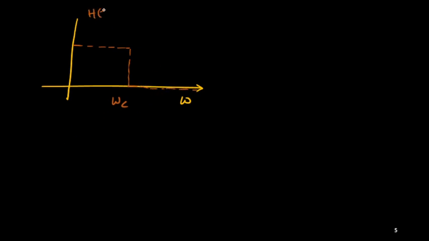This is the H of j omega magnitude. If we go for a practical circuit, it may start from 1, but gradually reduce like this. This kind of pattern we sometimes get. Sometimes if we get this kind of plot, obviously this is a better filter.